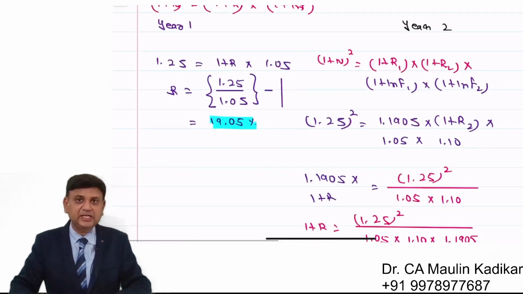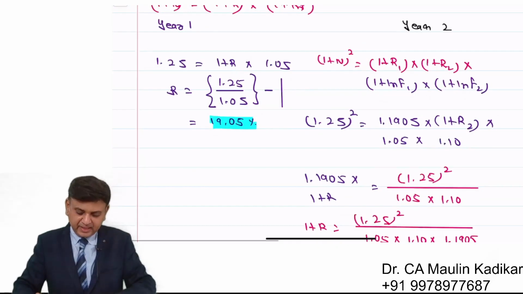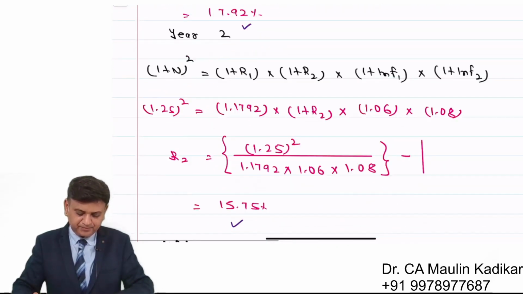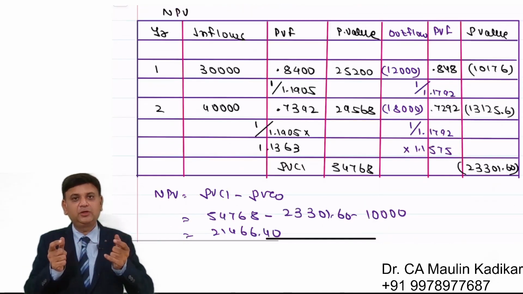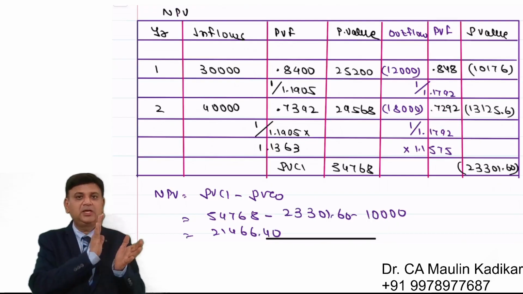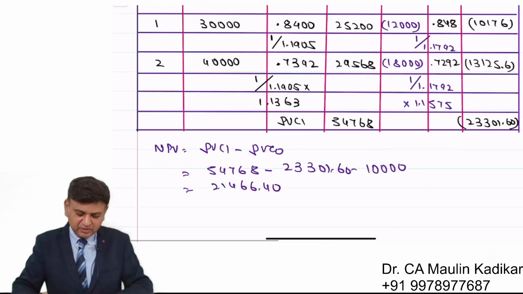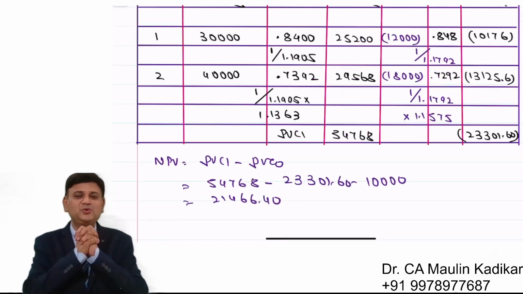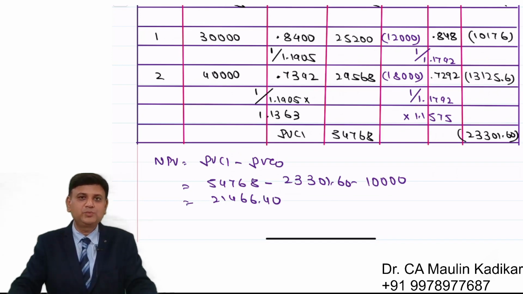Even in that case, the second year real cost of capital is more critical. For inflow and outflow, you have to do it independently, separately, and for the discounting also you have to be careful. Inflows will be discounted separately, outflows will be discounted separately, and then you are required to make the computation of NPV. And of course, the final answer is going to remain the same: since NPV is positive, you should purchase the machinery.